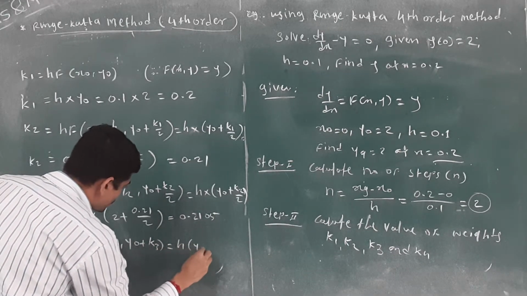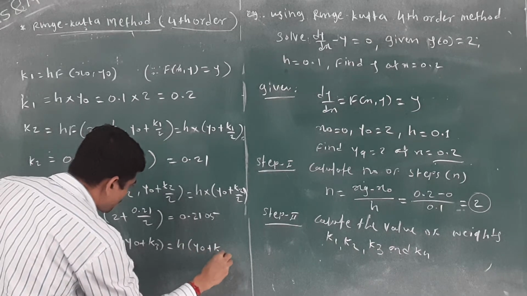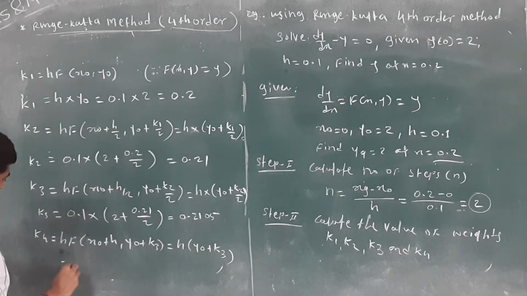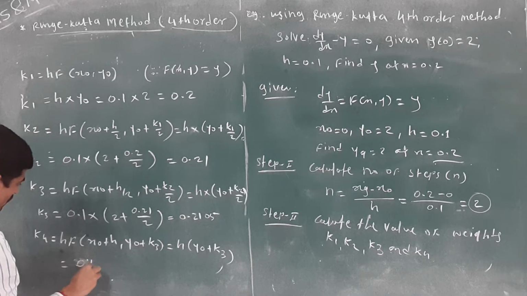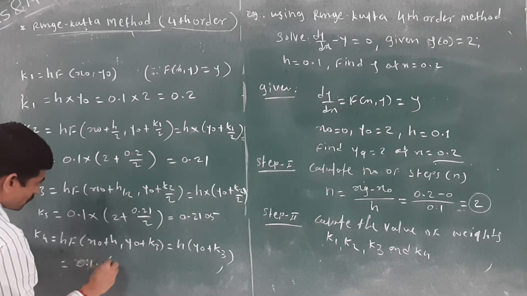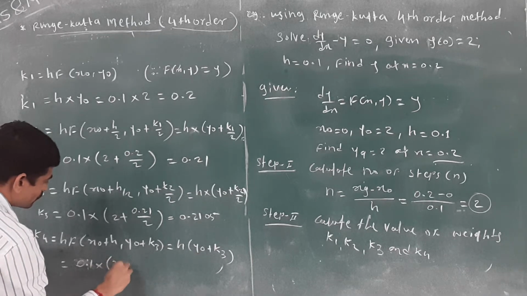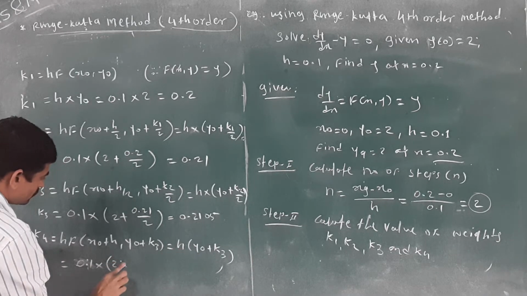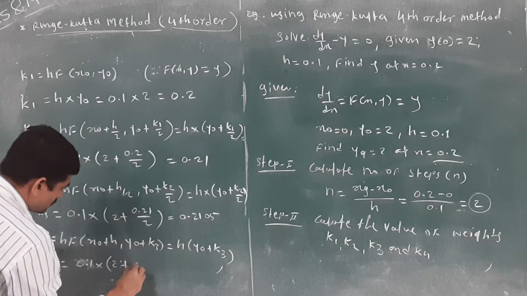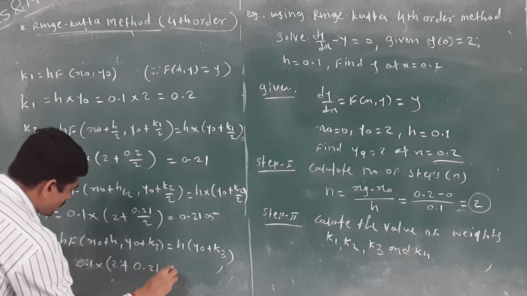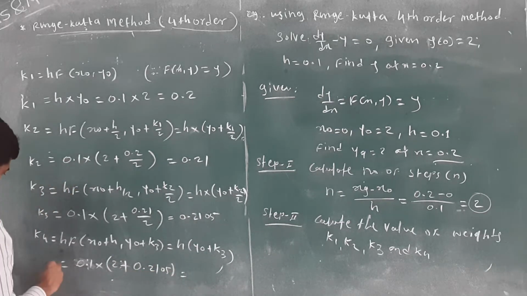h into y0 plus k3. Put the value of y0 is 2, h is 0.1, and what is the k3? 0.2105. What is the value of k4?